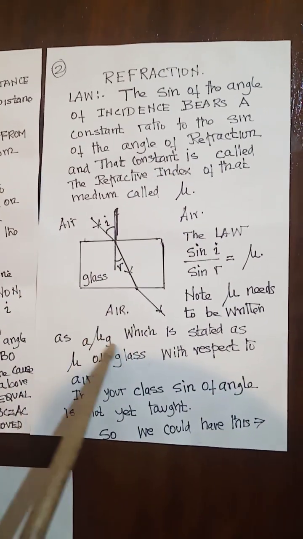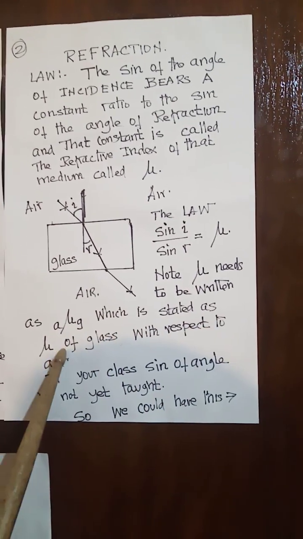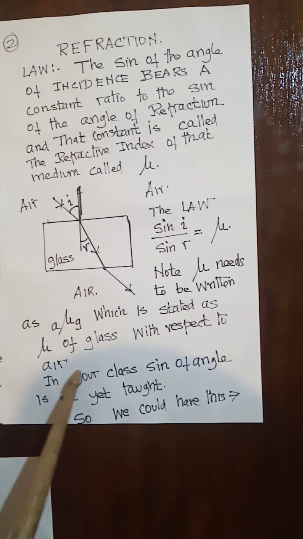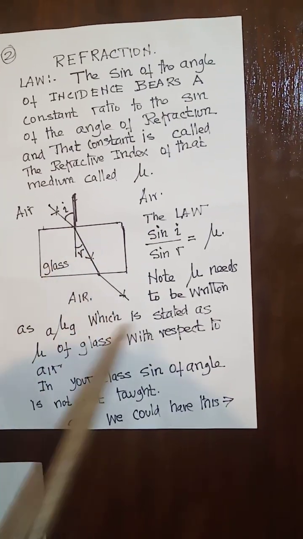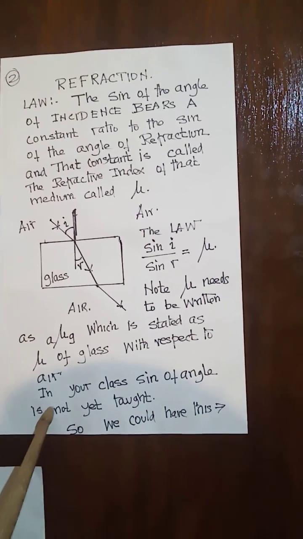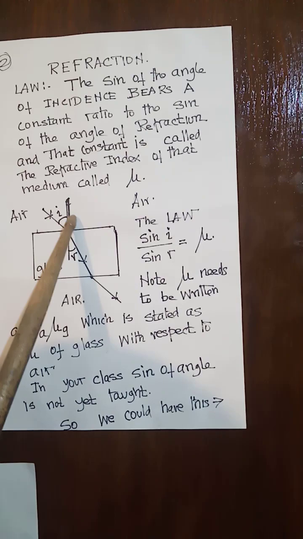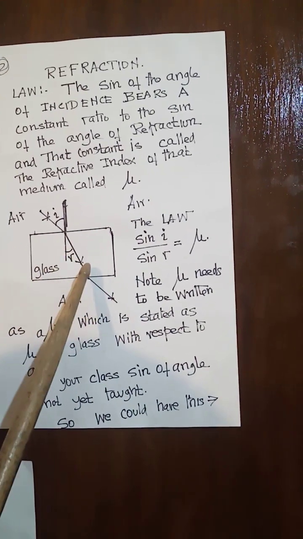So mu of glass with respect to air, you understand, and be careful with that. Always remember this. In your class, sine of angle is not yet taught. This is trigonometry. So when trigonometry is not taught, we have to come to this.